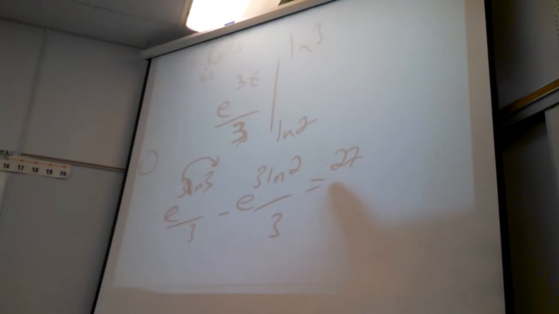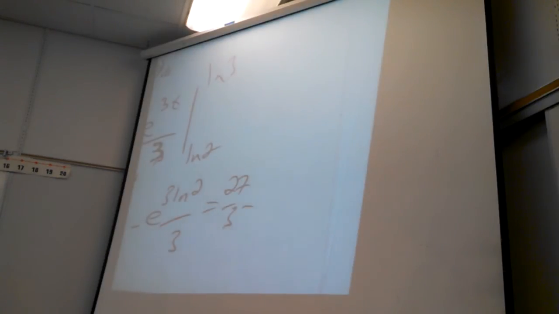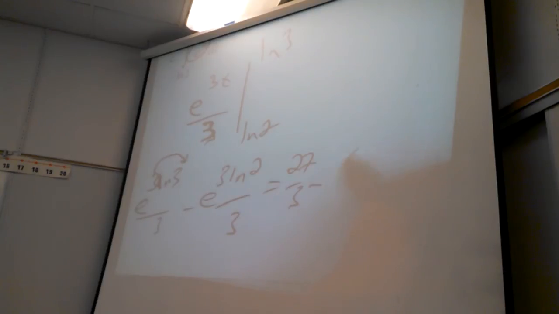So it's 27 over 3 minus 8 over 3. 2 cubed is 8. Yeah, 19. You see what's happening here? If I can get that coefficient out of the way, the e and the ln will kill each other, and I can just pull that up here as a power. That's why I gave you ln inputs, so that would happen. So you get 19 over 3.